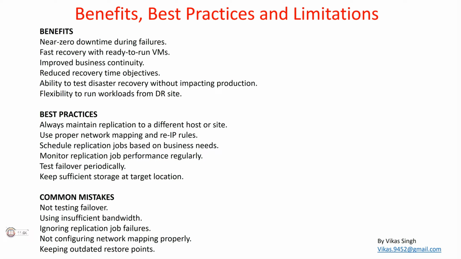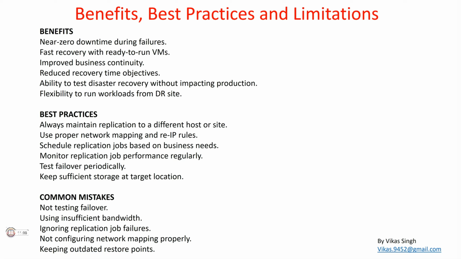This is very important. If you don't test your failover, you are not sure on the day of disaster whether you will be able to recover your environment or not. So testing is very important, and ensure you have sufficient storage on the target environment.